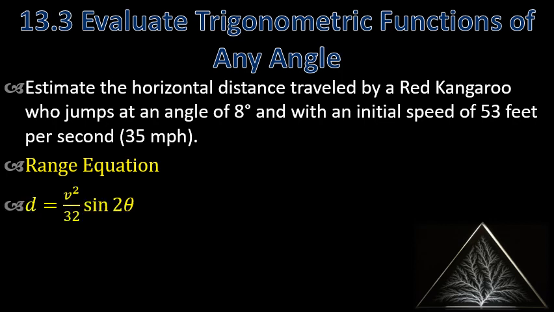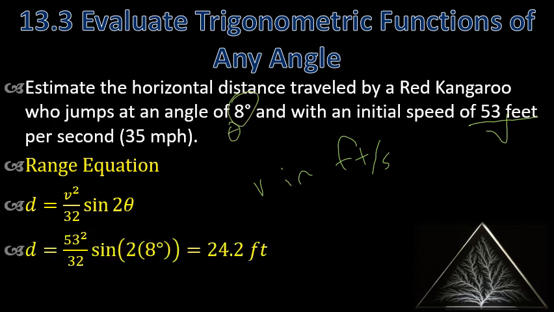Our distance equals v squared over 32 times sine of 2 theta, where v is in feet per second, which I gave you. So this is our v, and this is our theta. Just plug it in, run it through your calculator, get 24.2 feet.